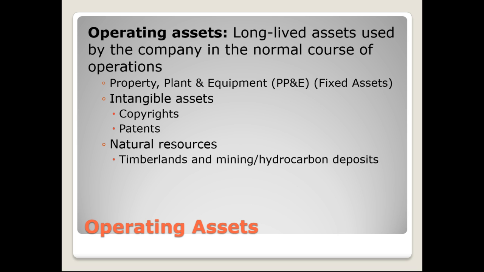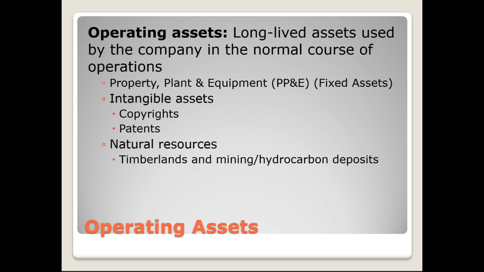They're not necessarily things you can sort of wrap your arms around, but they are long-lived assets, or assets with very long lives, more than 1 year, that are very important to the operations of a company. If you think about any record company, any publishing company, copyrights are extremely important.